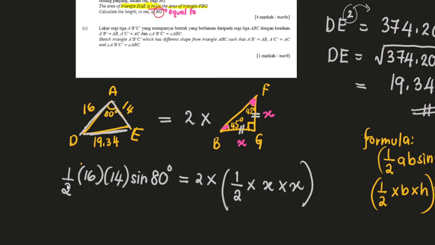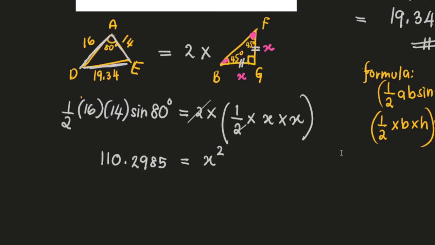The left hand side we can key in the calculator and solve. I get 110.2985. Here this one you have no more, so we will be left with x squared. How to find the x? We must move the square to the other side, so it becomes the square root of 110.2985.